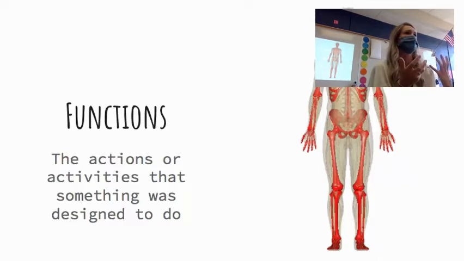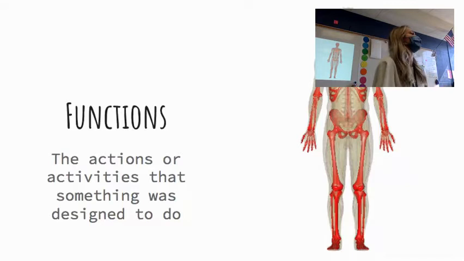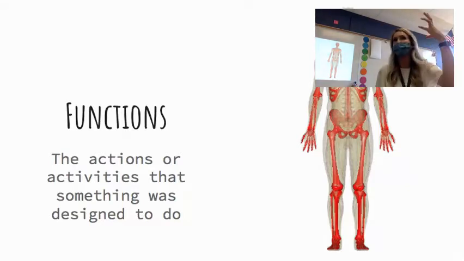Your tongue's function is to taste, right? Your mouth would be more to eat. But everything has a function. It's its intended purpose. So on here you can see that skeleton. The bones have a function. Your muscles have a function. Your brain has a function. Your finger has a function. Its intended purpose is the function.